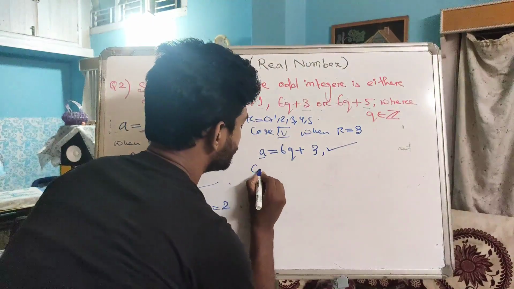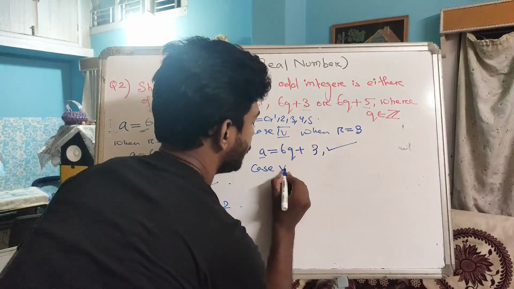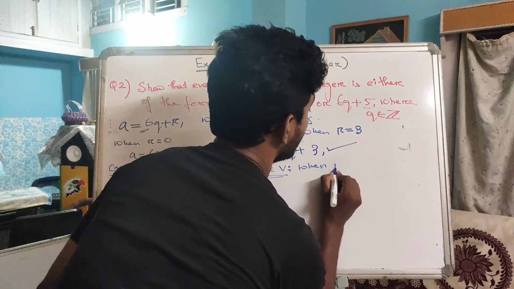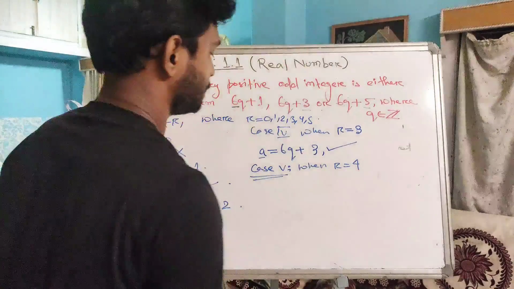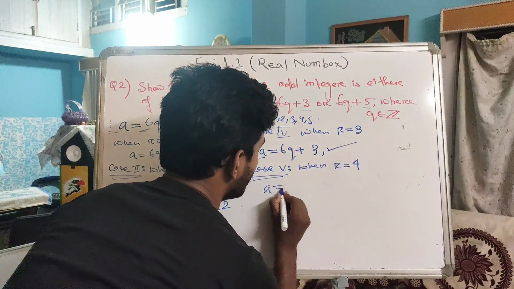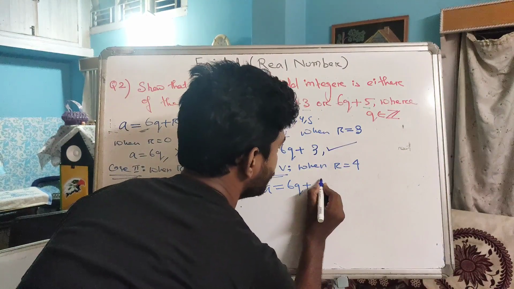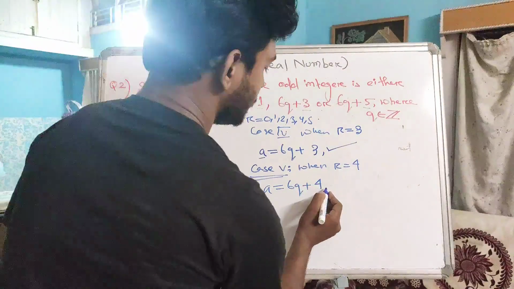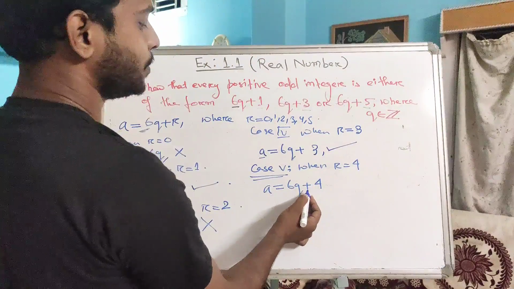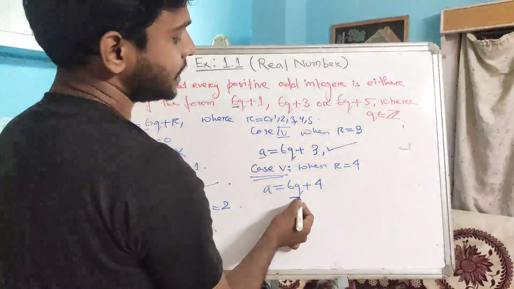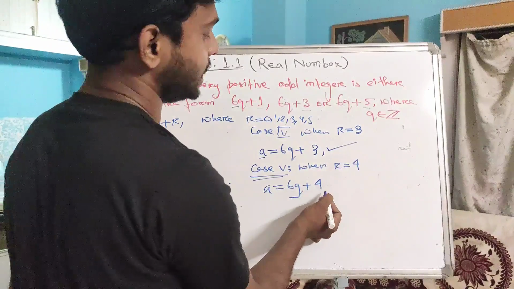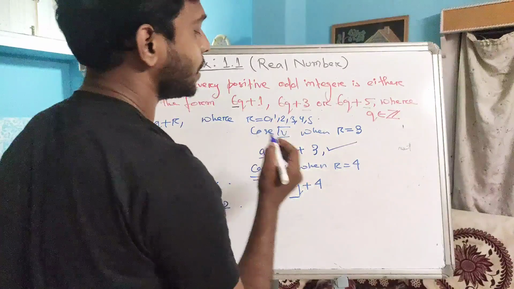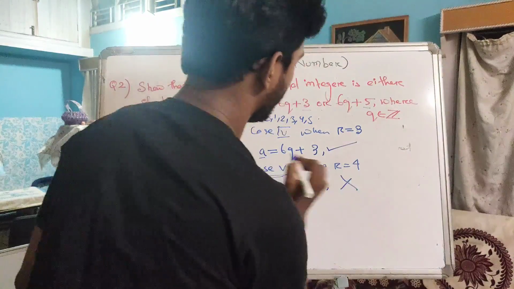Now let's move on to case number 5, when r takes the value 4. a equals 6q plus 4. This case is not considerable because this is even, and even plus even is also even, but we have taken a to be odd, so this is not possible.